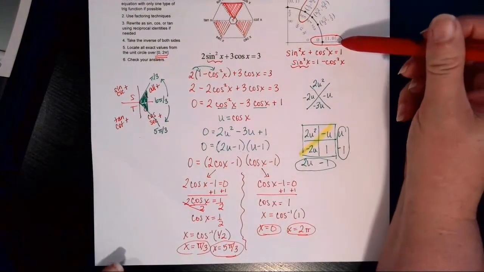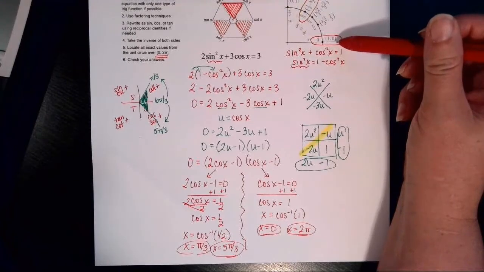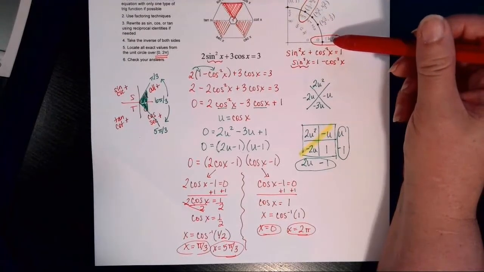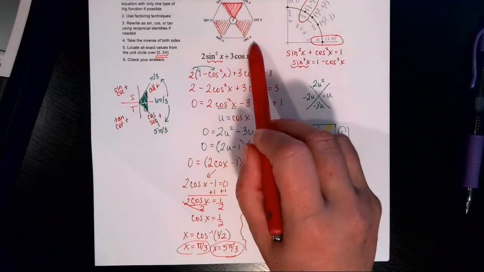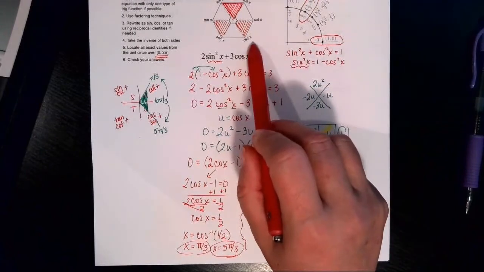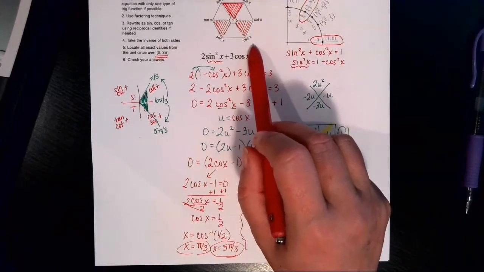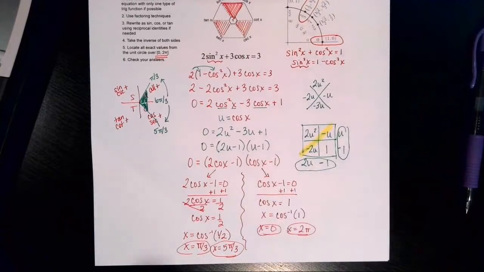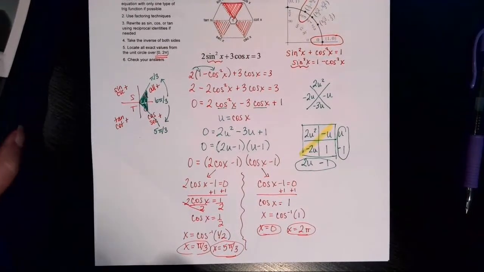That's a quadrantal angle, and there is no other point on the circle where the x value is a positive 1. If we were to look at the negative x-axis, since that's a quadrantal angle, the x value would be negative 1, which would not check in this particular situation.